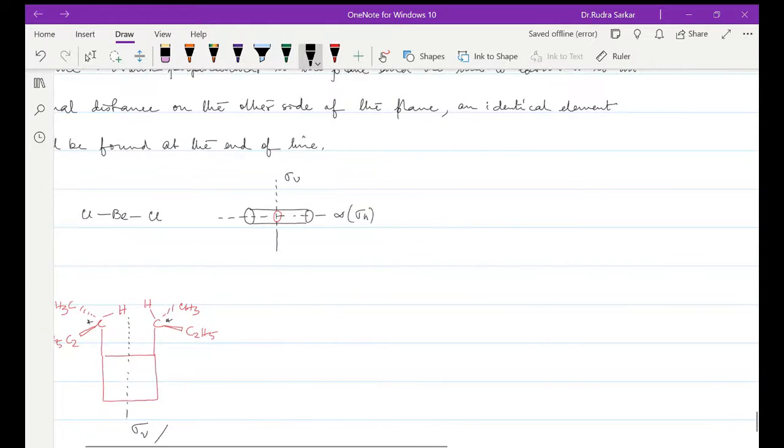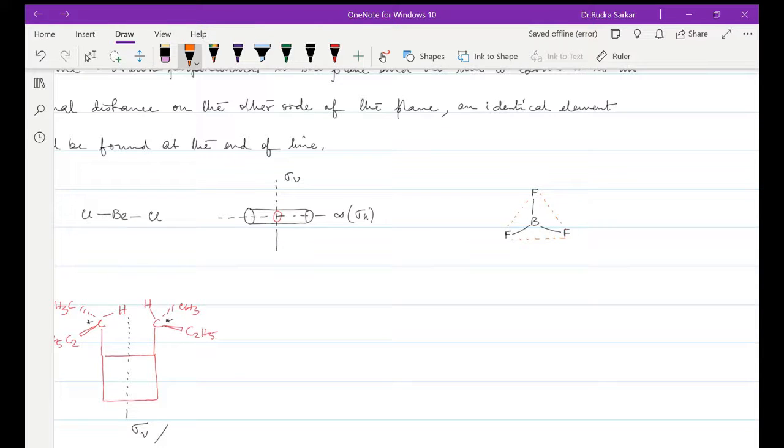Similarly, let us take another molecule, BF3, which is trigonal planar, where the F atoms are lying at the vertices of the triangle, and this is how the arrangement will be.